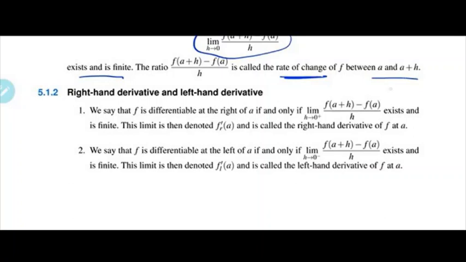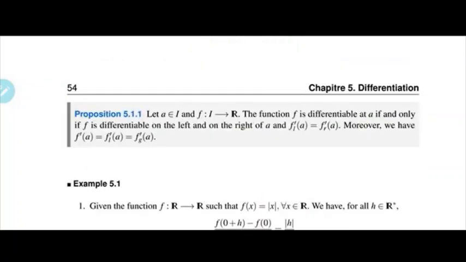When this exists and is finite, then this limit is called f prime right at a, the right-hand derivative of f at a, and also we have the left-hand derivative. And we say that f is differentiable at a when the right limit exists and the left limit exists and they are equal. And when they are equal, the derivative of f at a will be equal to this value, which is the left limit and the right limit.